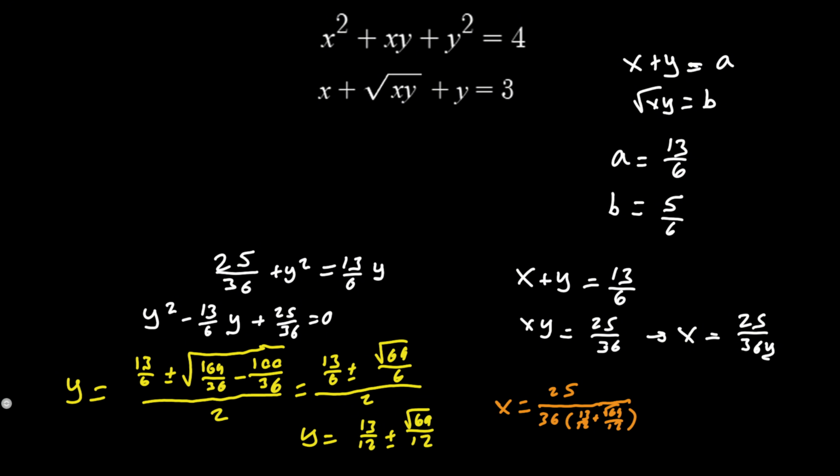But the beautiful thing is that pretty much x and y are related, so it doesn't matter what we choose for x and y, because x and y always lead to the same quadratic. Meaning that if y is positive, then x is simply going to be the negative version of it: 13 over 12 minus root 69 over 12.